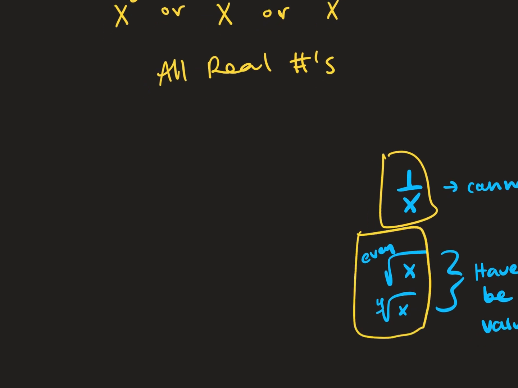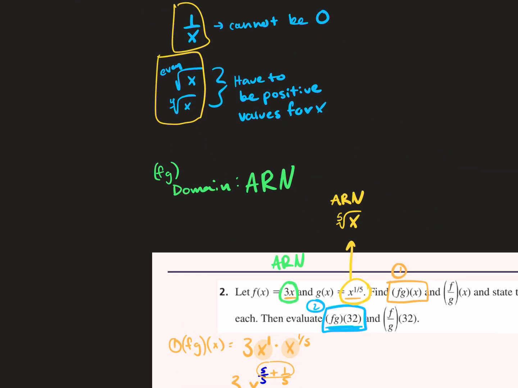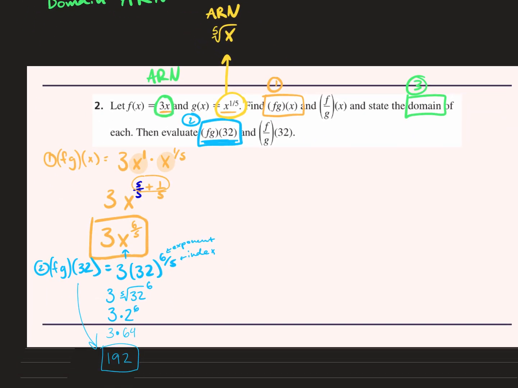Wait, x to the 10th is even. Oh, yeah. It's only an even index, not an exponent. Exactly. Okay. So we found all the multiplying steps here.